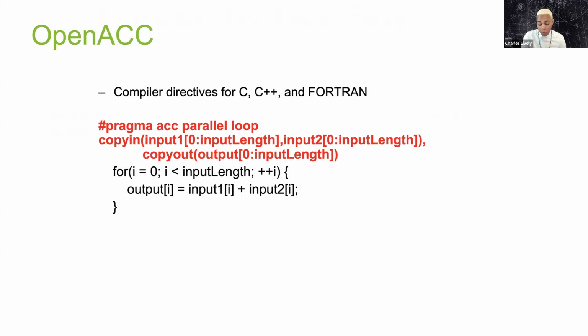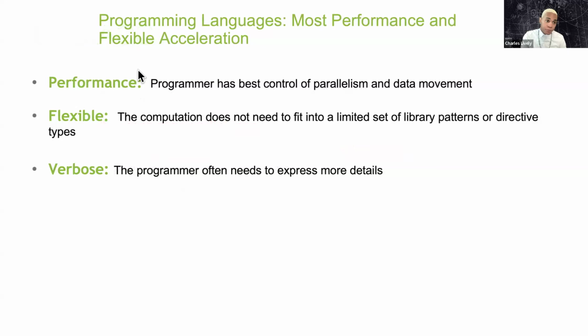And now another way, again, to do that is making sure that you are exploiting programming languages that are able to give you the most performance and also offer the flexibility to have those applications accelerated appropriately. When you think about performance with programming languages, you want the programmer to be able to have control of the parallelism and the data movement that is going to be needed within the application.